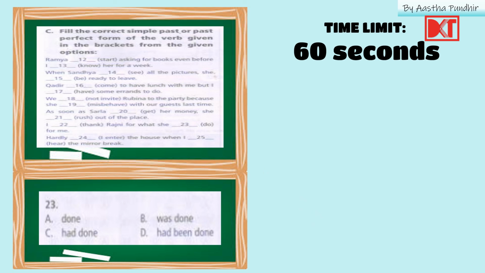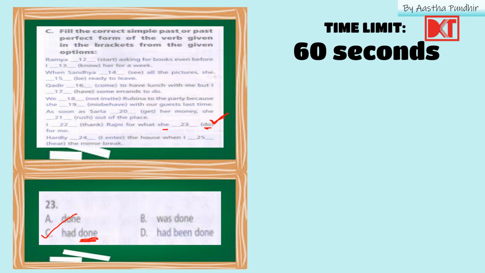Alright, here I thanked Rajni for what she dashed for me. The verb is do. Now here you see we will be using a past perfect. What she had done. With she we use had, and for the verb do, the V3 form is done. So what she had done for me.